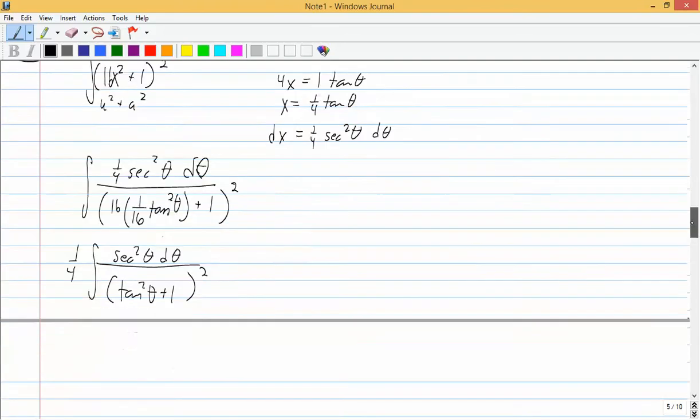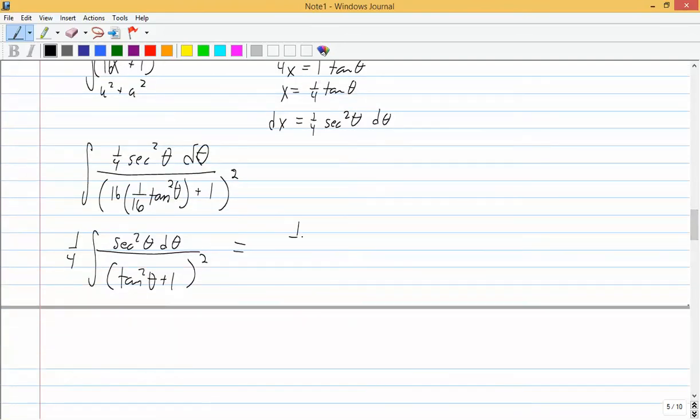And what is tangent squared plus 1? Secant squared. But that is squared.